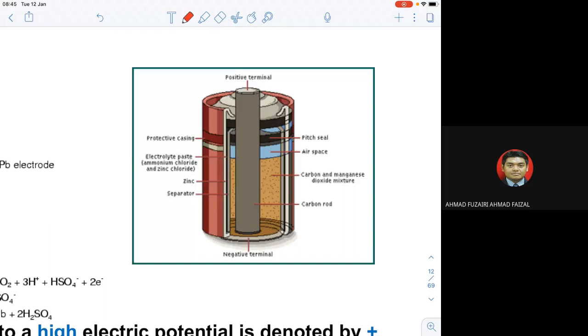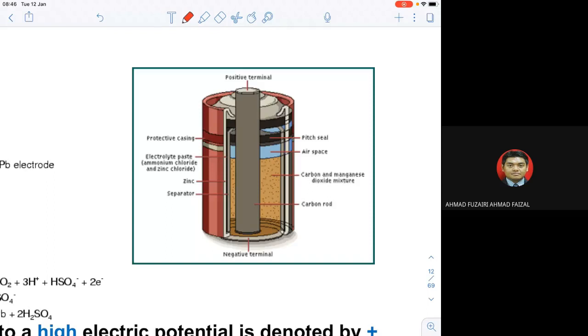On the right figure, you can see the usual, common batteries that we always see. We see the positive terminal on top of the battery, and of course, the negative terminal is on the bottom part of the battery.